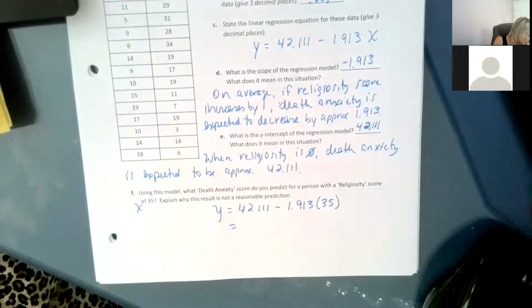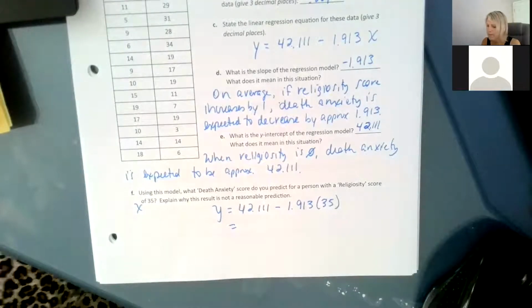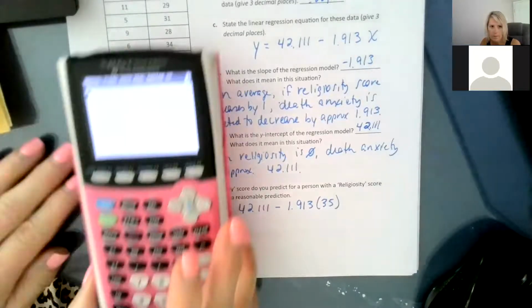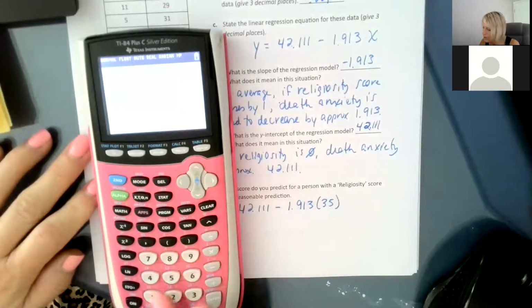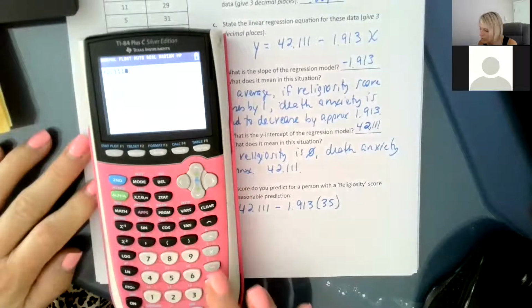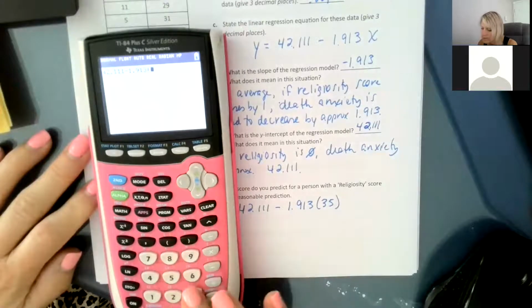And put this into your calculator here: 42.111 minus 1.913 parentheses 35.